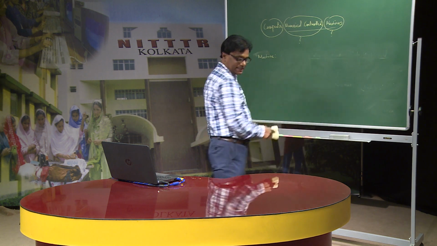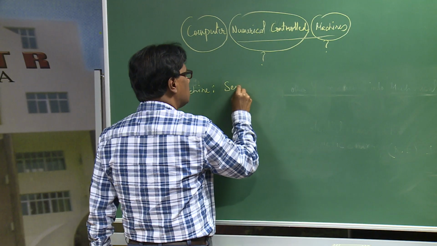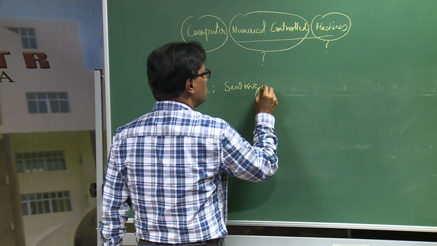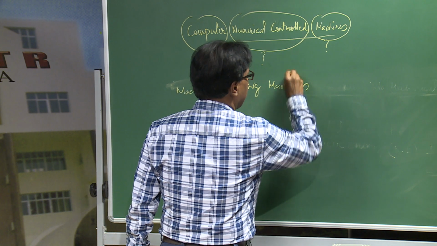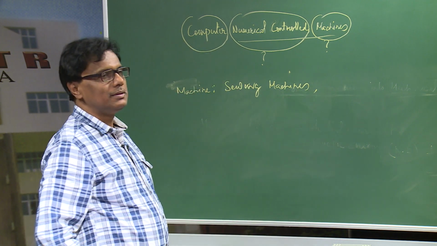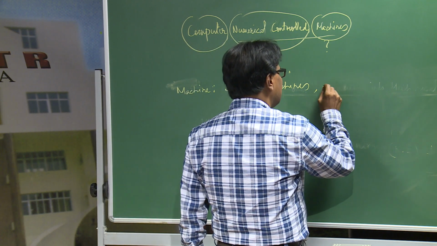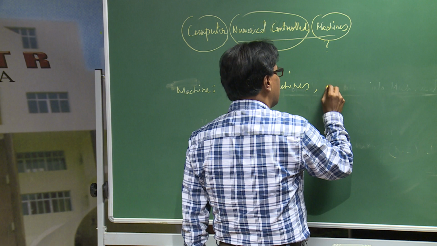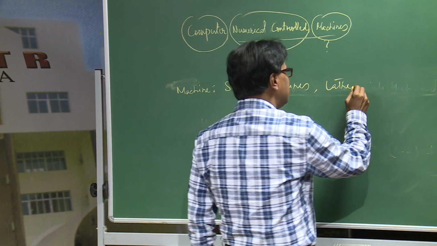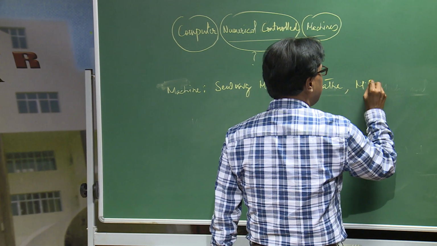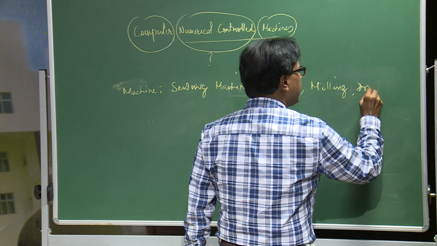As examples of machines, that may be sewing machines, and grinding machines, and the machines which we are seeing in our workshop, that may be lathe, milling, drilling, shaping, and so on.